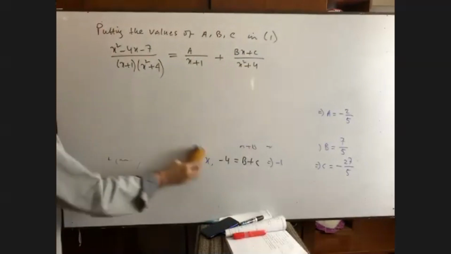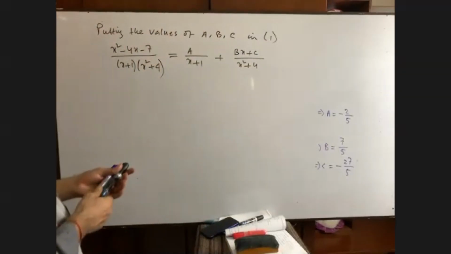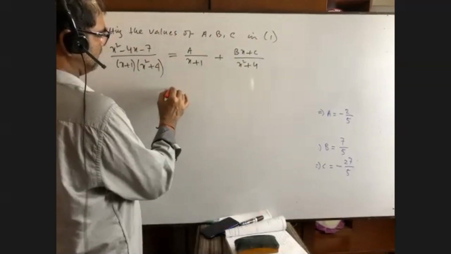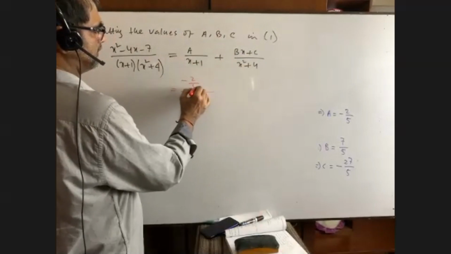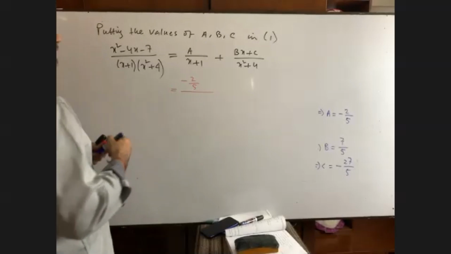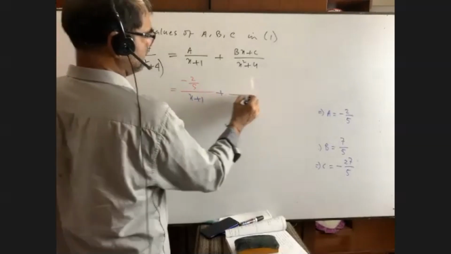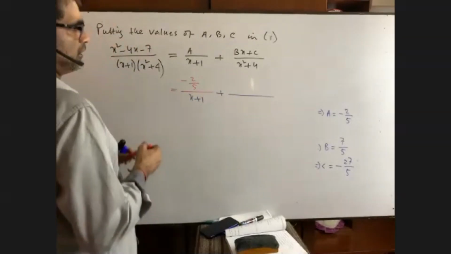Yes, sir. Now can we put the value of A, B, C? If we put the value of A equals -2/5. What is the value of B? B is 7/5.